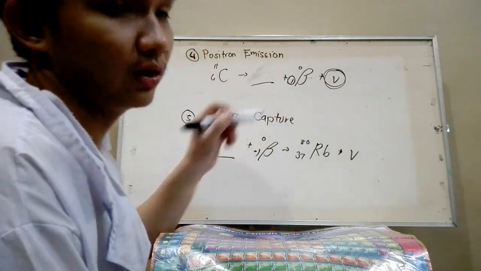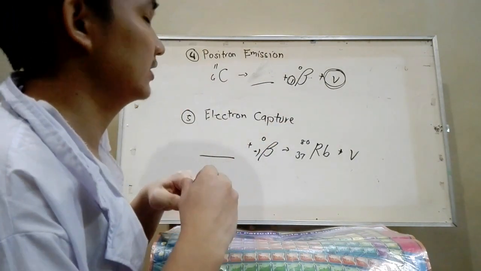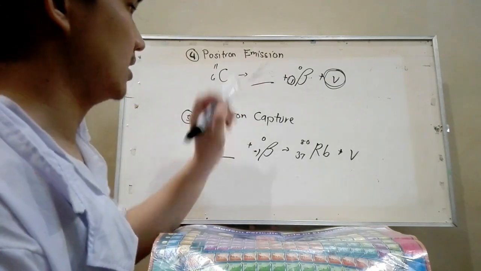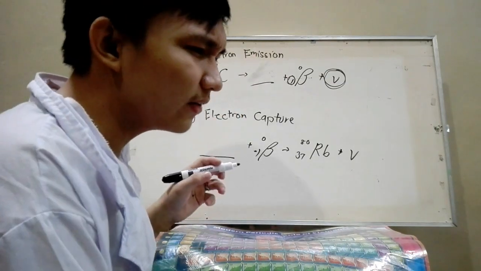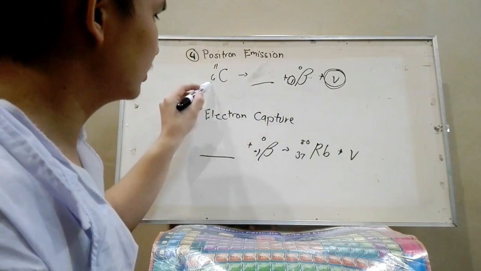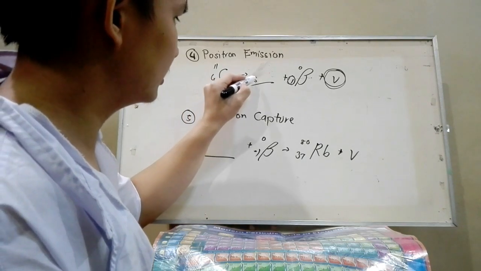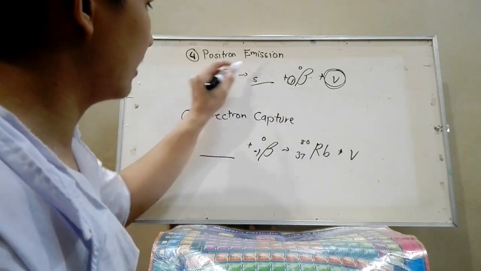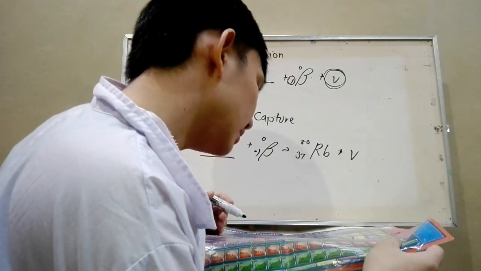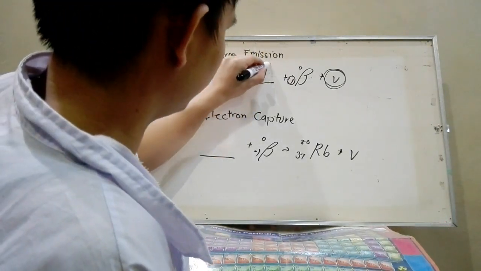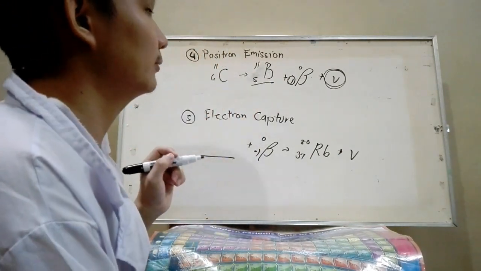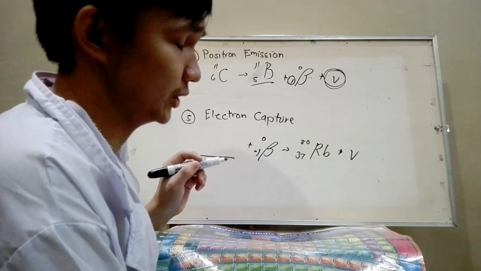It's just a neutrino. That's why it differs from beta decay. So it is called positron emission. So you will think of a number that when it is added by 1, it will give you 6. So obviously it's 5, so you will just have to copy the atomic weight. So you will just have to find the 5th element, which is boron. Voila! You've completed the equation for positron emission.